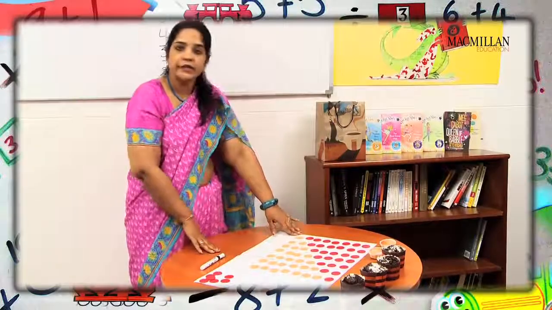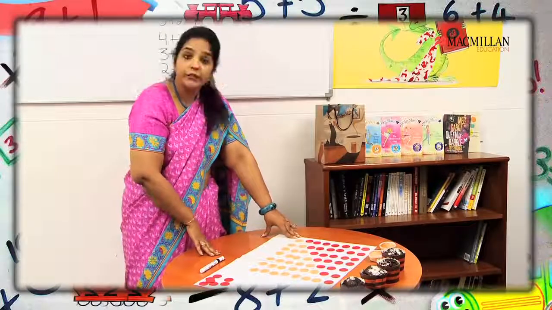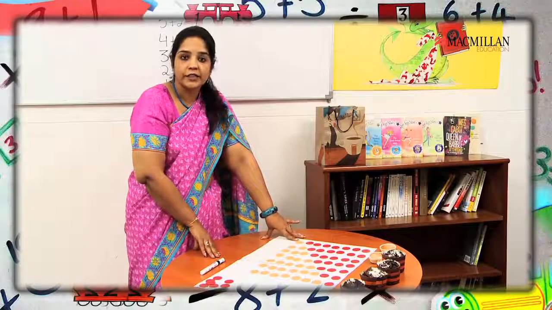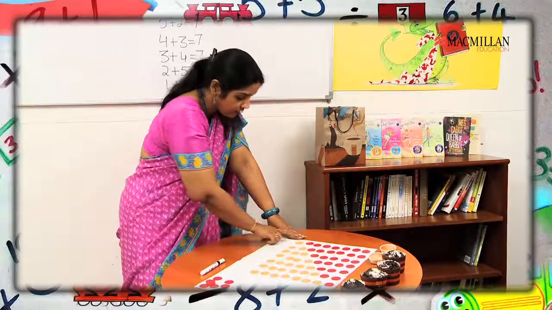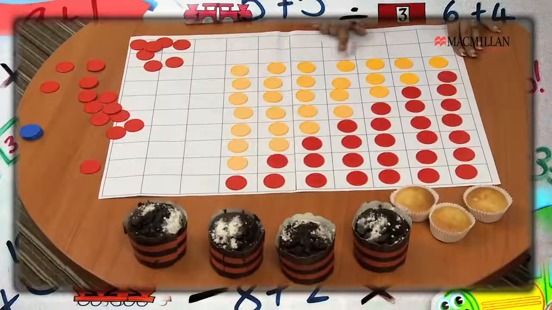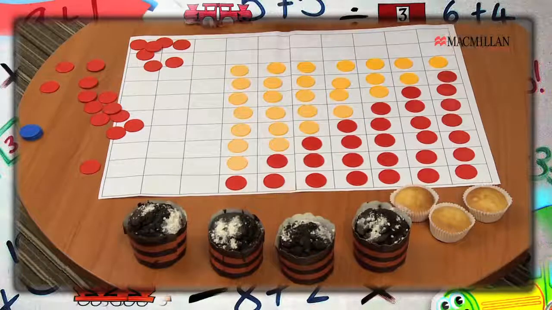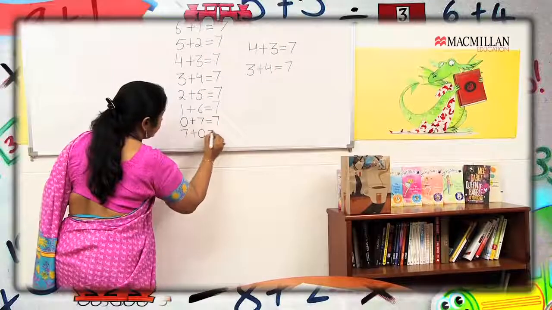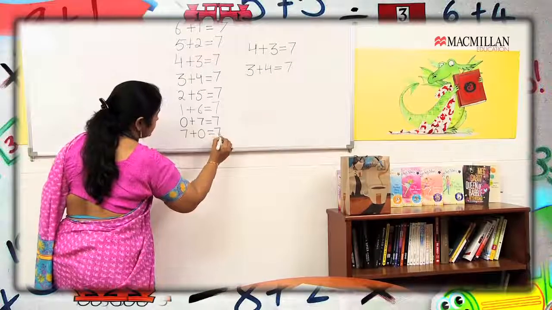So how many red counters do I have? Do I have any red counter? No. So I have 0 red counters. And how many yellow counters? 1, 2, 3, 4, 5, 6, 7. So we can say 7 plus 0 is equal to 7.